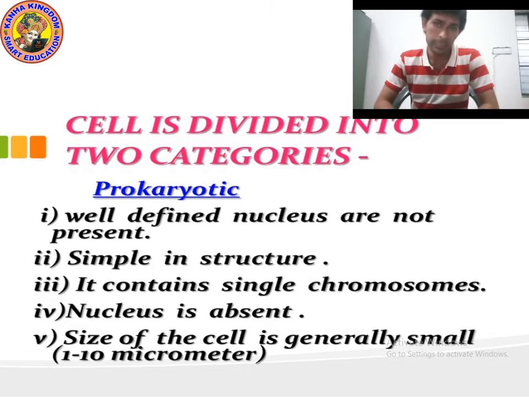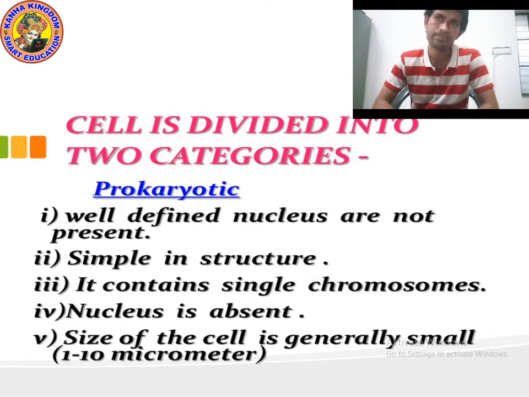Its structure is simple, and it contains a single chromosome, found only in prokaryotes. Chromosomes are responsible for inheritance, the properties and characteristics that we get from our parents.